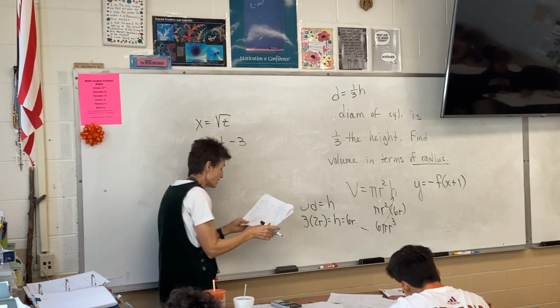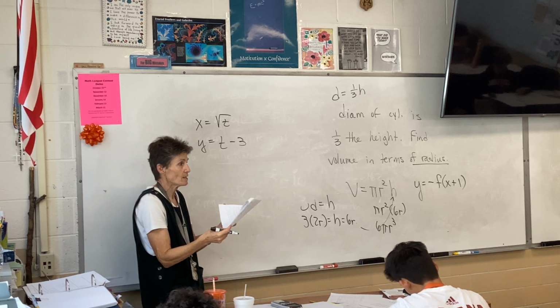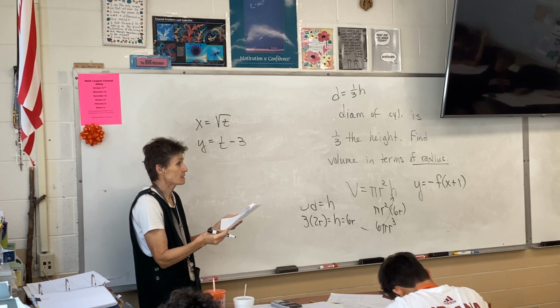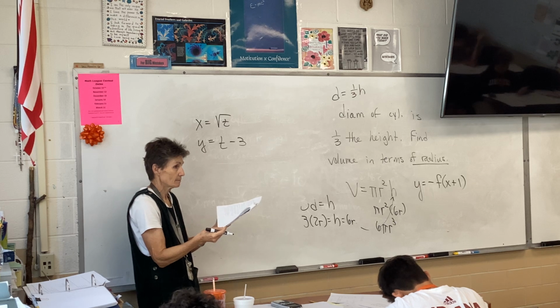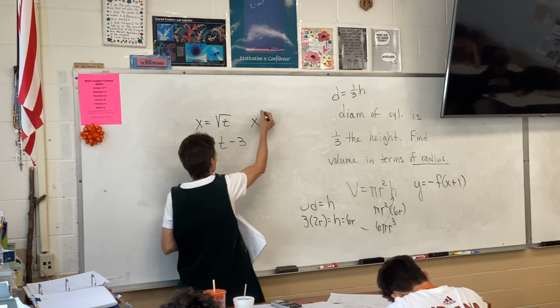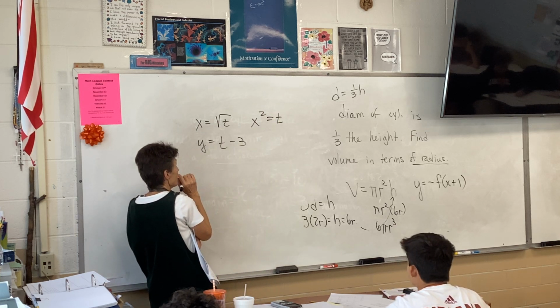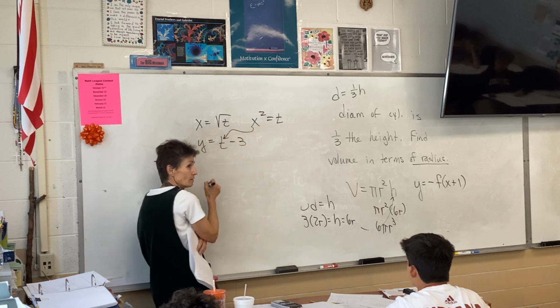If I have to come up with one equation in x and y, then you will square it on both sides. I could square this, that would be handy. And then plug that in right here.